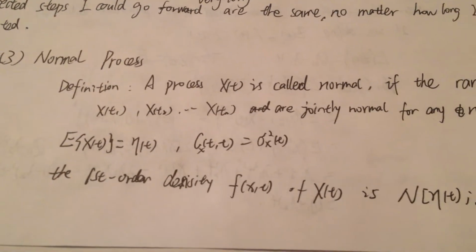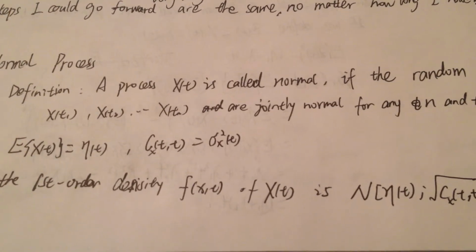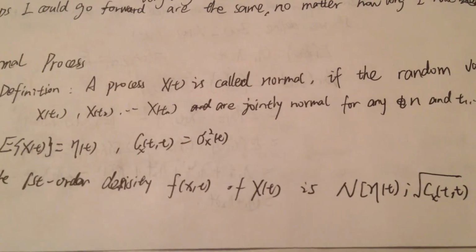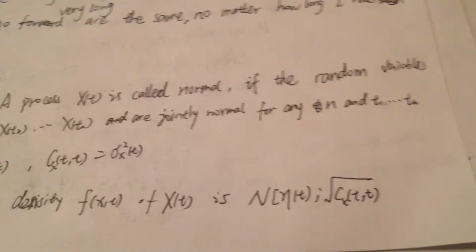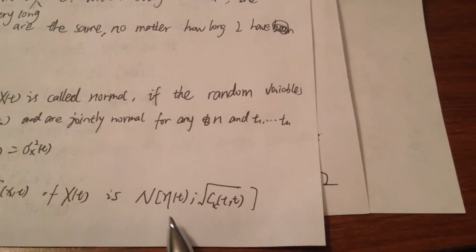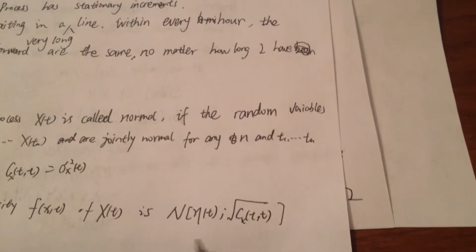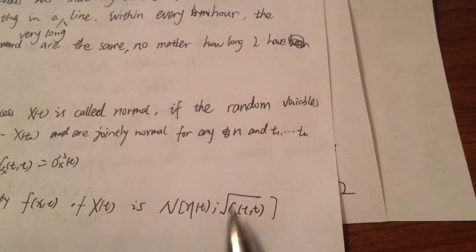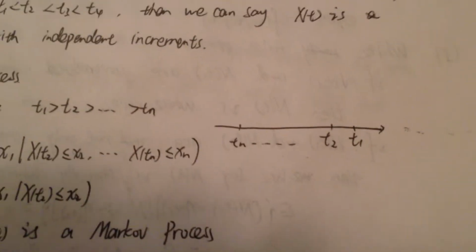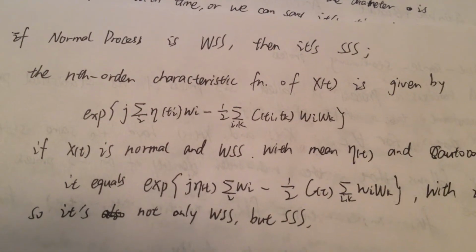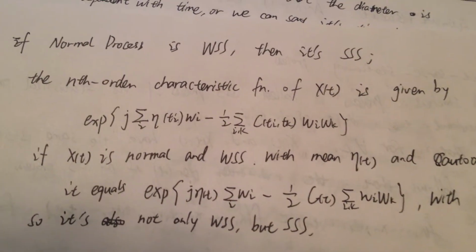We can say that the first-order density function of X(t), f(x; t), is a normal distribution with mean eta(t) and variance sigma squared. Additionally, if a normal process is wide-sense stationary, then it is also strict-sense stationary.